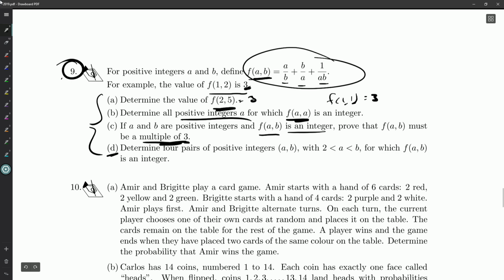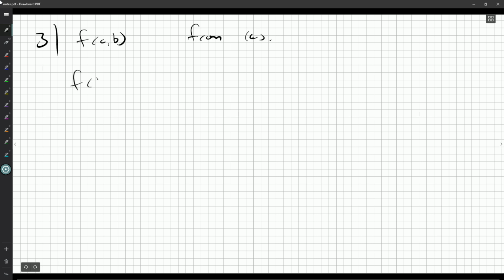Determine 4 pairs of positive integers a, b with 2 less than a less than b for which f(a,b) is an integer. Okay, we know f(a,b) would have to be a multiple of 3 from C. We already have seen f(1,1) is 3. That came from B. f(1,2) was 3.